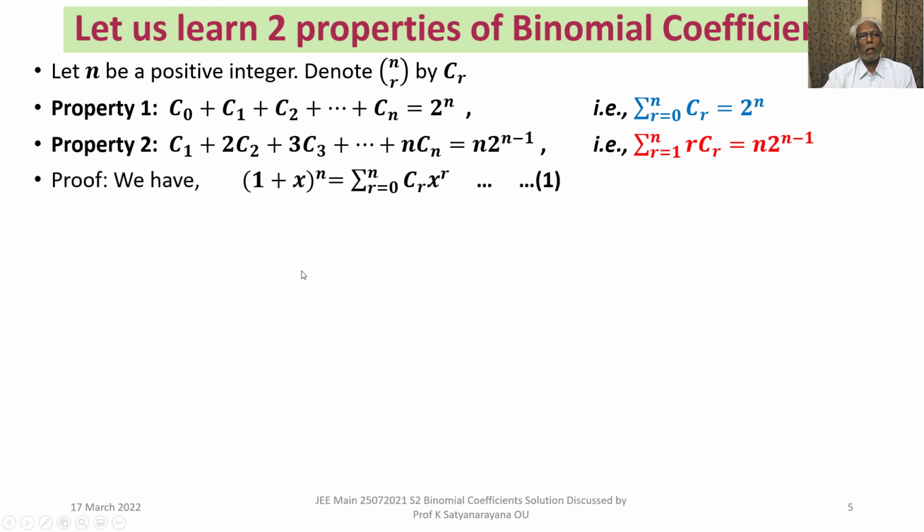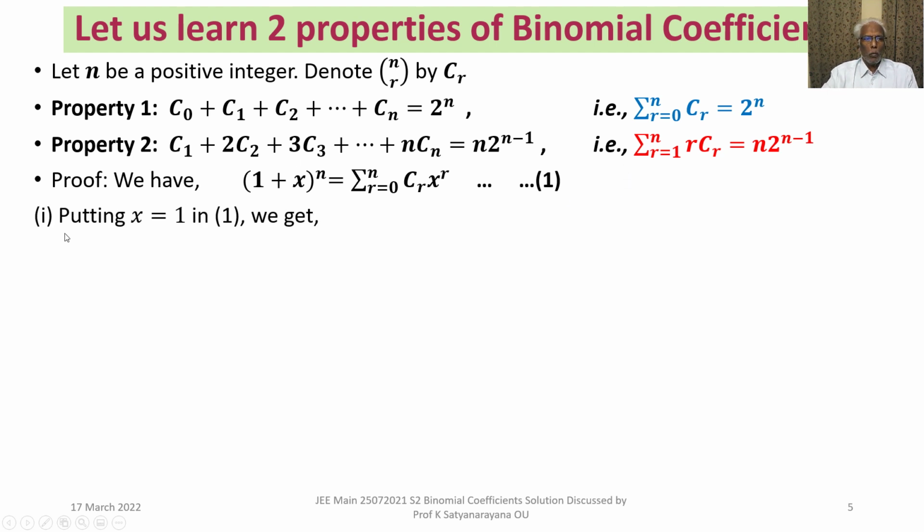Now, the proofs are very simple. From the binomial expansion, 1 plus x whole power n, where n is a positive integer, is equal to the sum of Cr multiplied by x power r, for r from 0 to n. Let's call this equation 1.